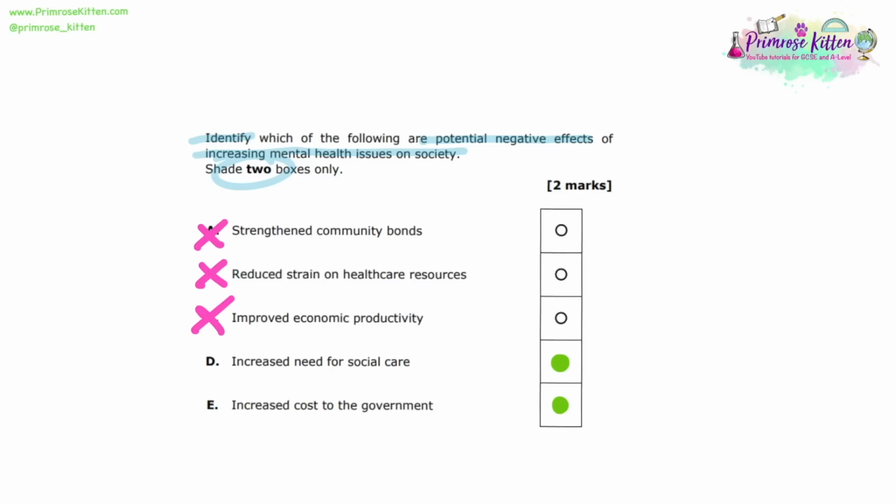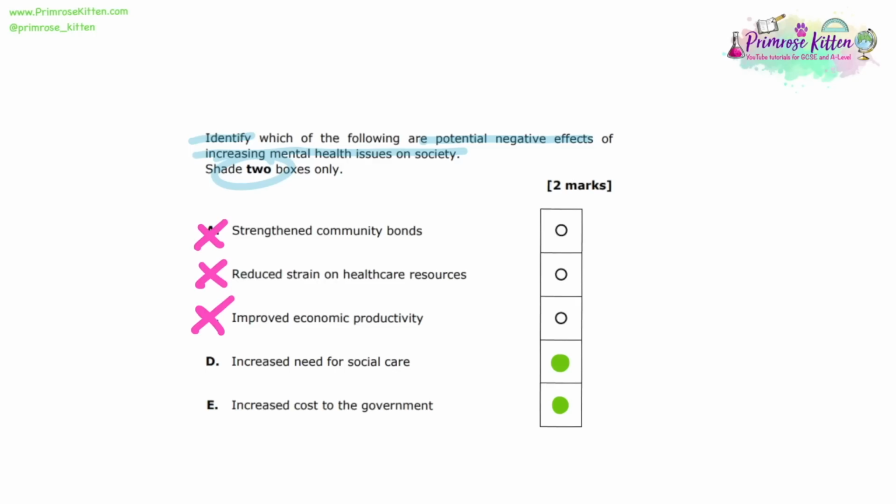In reality, increasing mental health issues typically contribute to a greater strain on healthcare resources due to higher demand for mental health services. And finally, option C, improved economic productivity. This option is seen as a positive outcome. Addressing mental health issues can contribute to improved productivity as individuals receive adequate support, treatment and accommodation to maintain their well-being and work capacity.